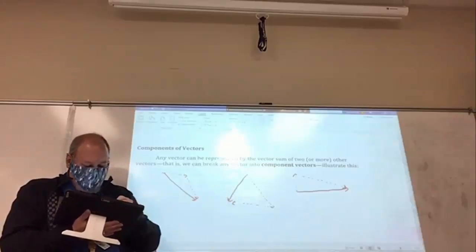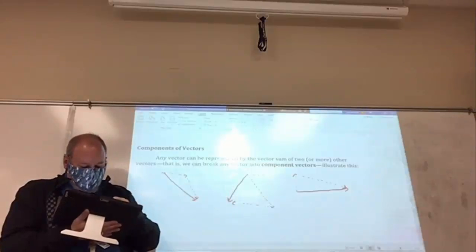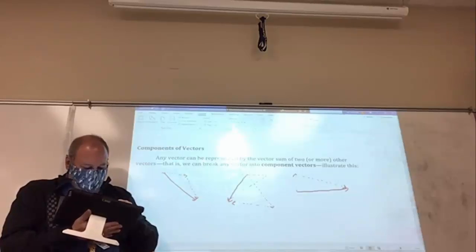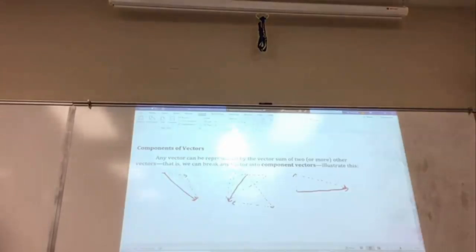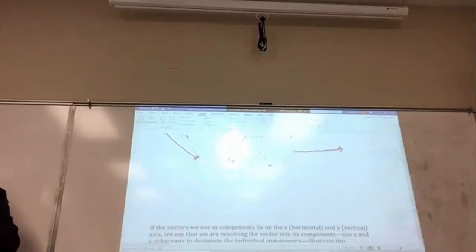I could go like this. I could go like this. I could go like this. So there would be an infinite number of pairs of vectors that I could add to get to that vector. These are called components.